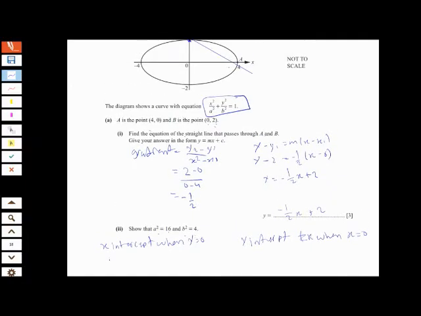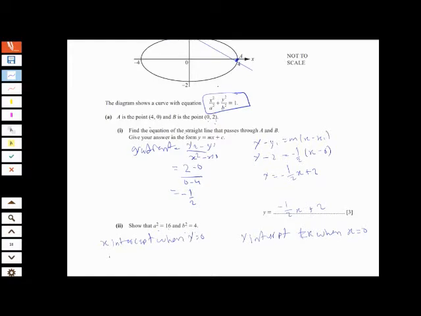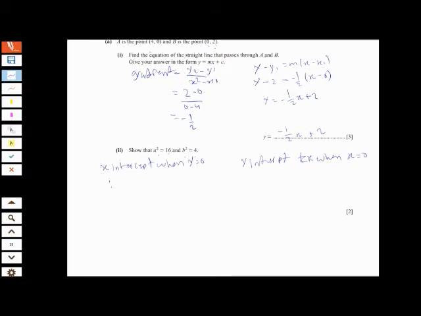Here's the point. So I substitute the point in the equation, which is 4. 4 square over a square plus y equals 0, so 0 square over b square equals 1. And so 4 square is 16 over a square, plus 0 divided by anything is 0, so this is gone, equals 1. And so 16 equals a square. That's what they want to show, so you stop right here.